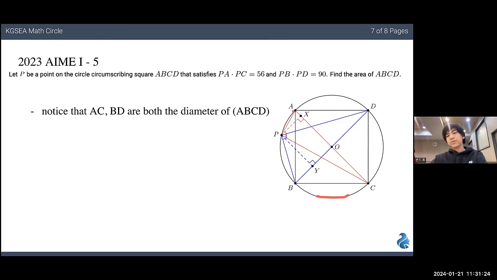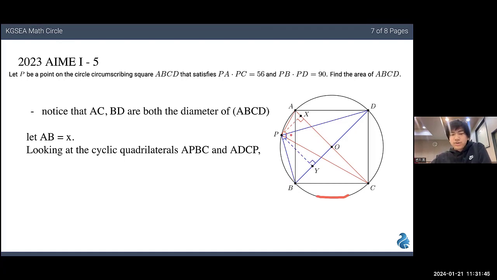We start by noticing that AC and BD are both the diameter of ABCD, since this is a square and these are going to be right angles. And as I said before, we have the idea of expressing these lengths in terms of the same variable. So we're going to let the length of the square be x.